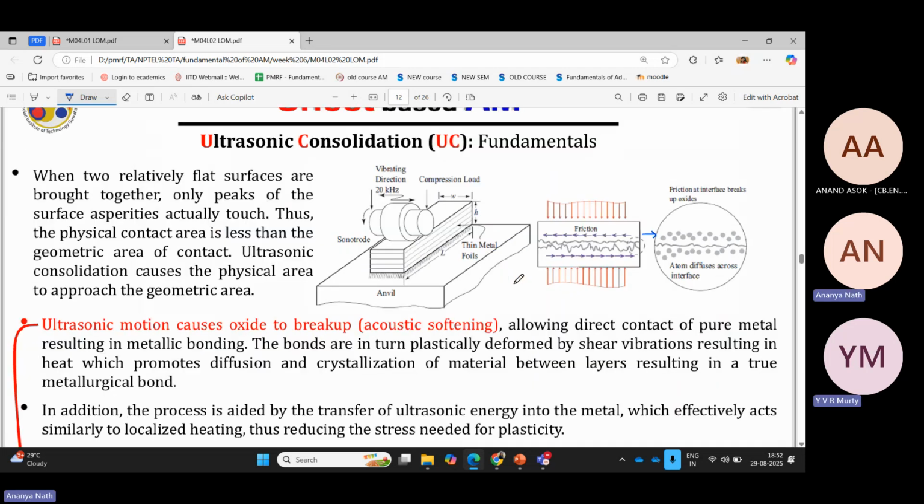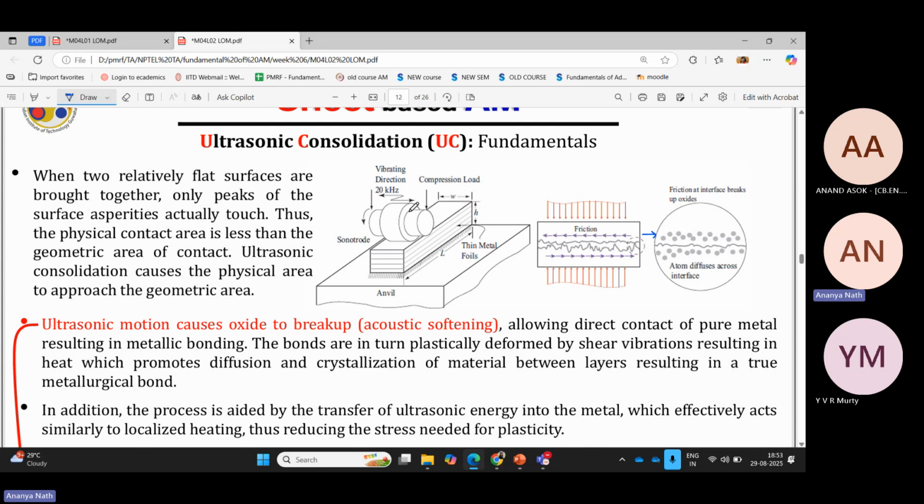What is a sonotrode? A sonotrode is nothing but a very heavy, very rigid, metallic, cylindrical tool which receives this ultrasonic vibration and transfers it into the metal it contacts. The sonotrode is this wheel, and this wheel is very heavy because it's very rigid.